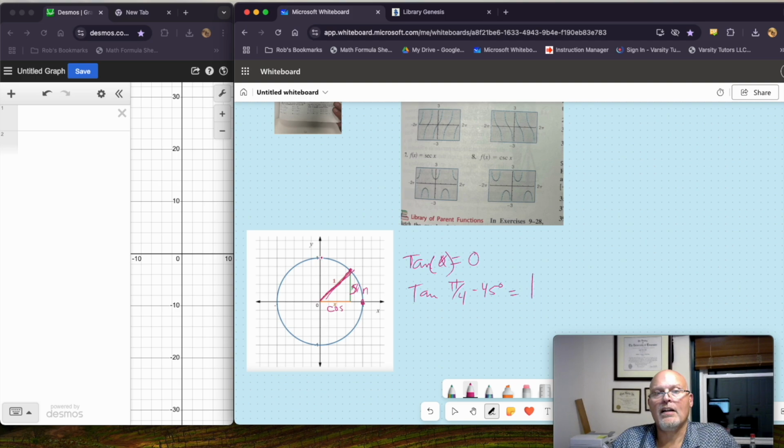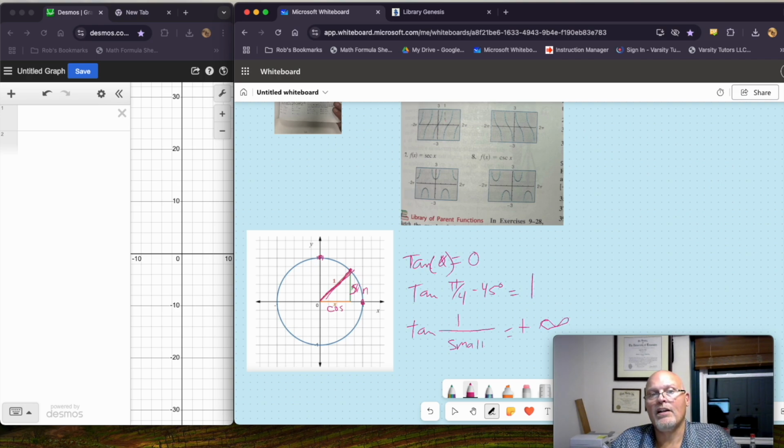And then as I get close to 90 degrees, or to pi over 2, sine goes to 1, and the cosine is going to be a very small number. And this then is going to go to positive infinity. And because I can never get there, it's going to be an asymptote, a vertical asymptote, every pi over 2.